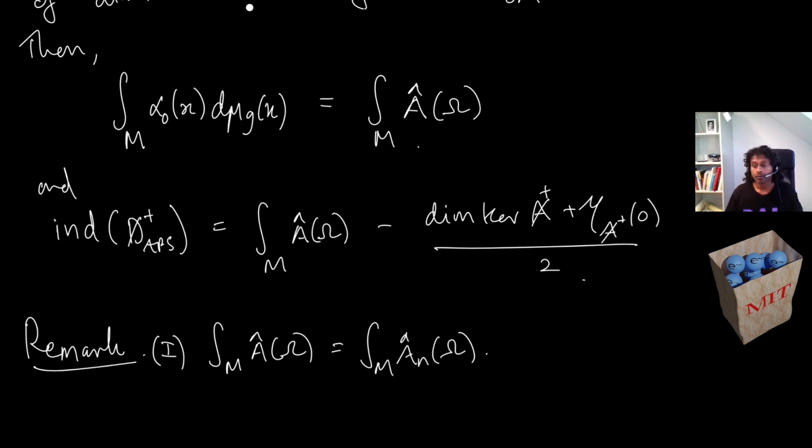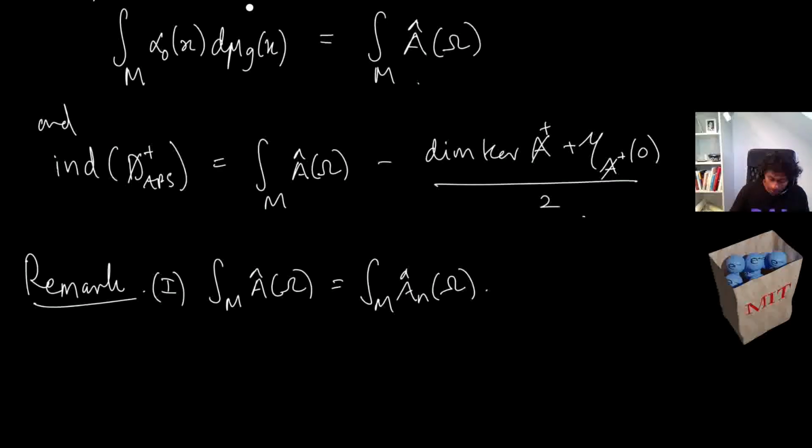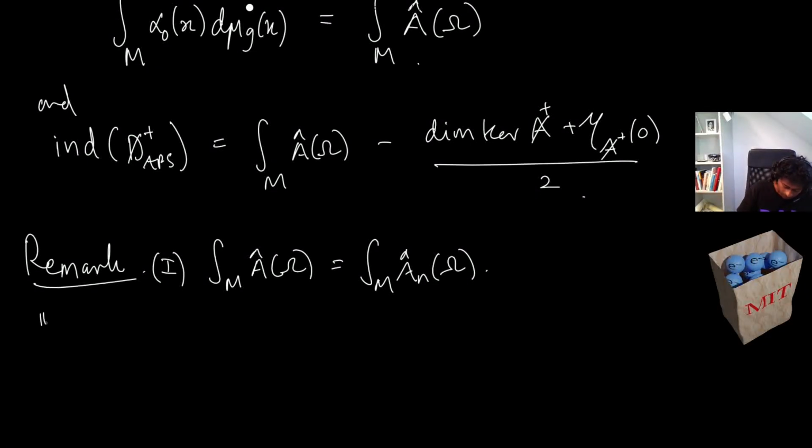Of course, it doesn't make sense otherwise, right? This is a differential form that lives in this algebra, so we have to really pick out the form that is at the top. So that's the first remark.